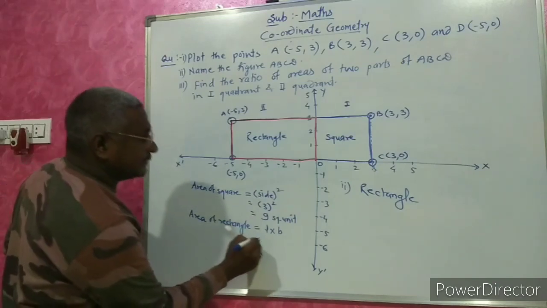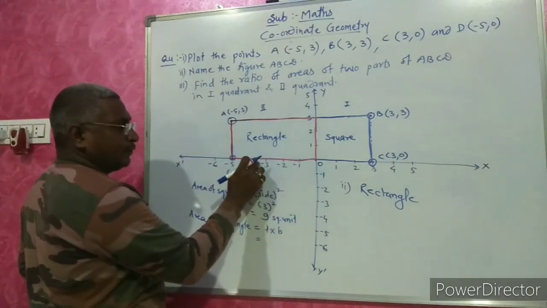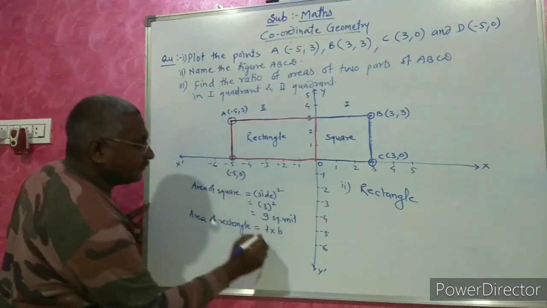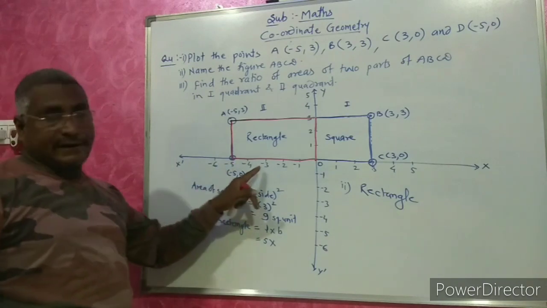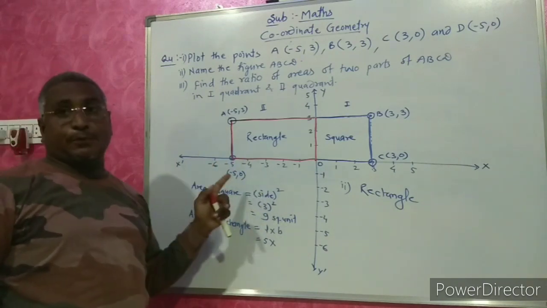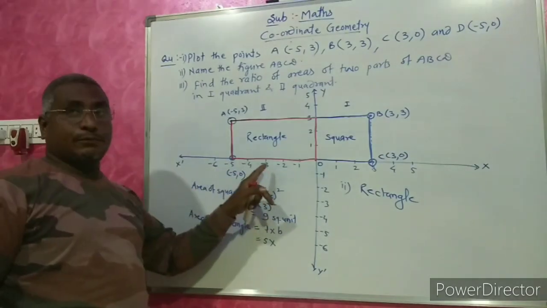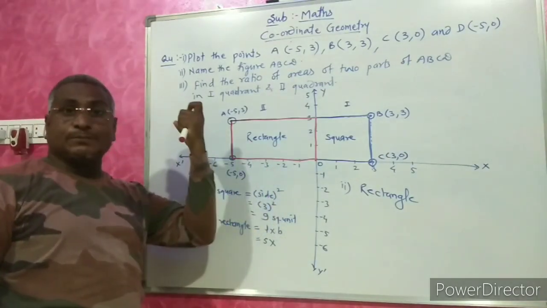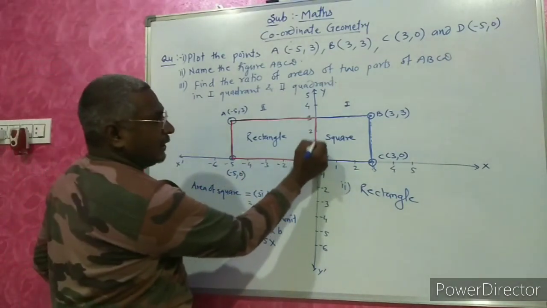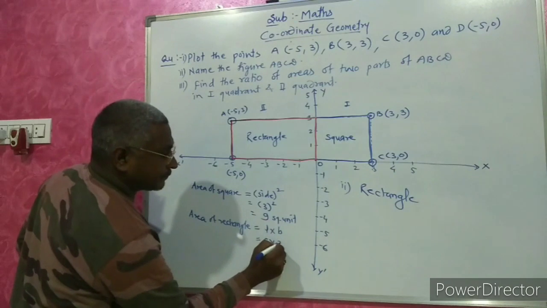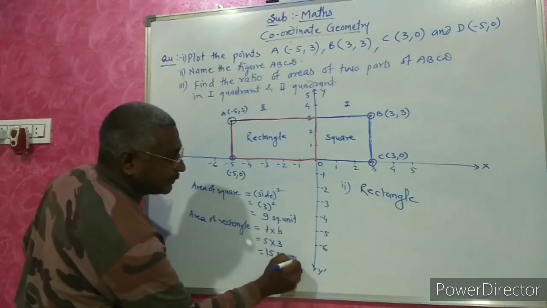The length is 5 units. Here magnitude has to be taken; don't take negative values. Distance and length are always positive. And the breadth is 3. So we get 15 square units.